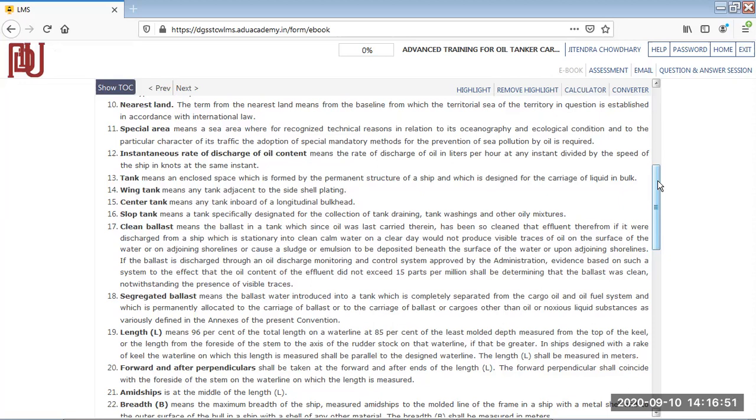to carry clean ballast water. And if you put any clean water in that tank, it will not produce visible traces of oil on the surface or any sludge or emulsion.